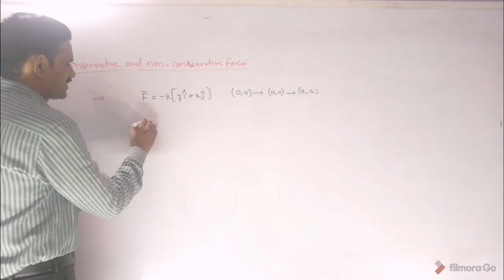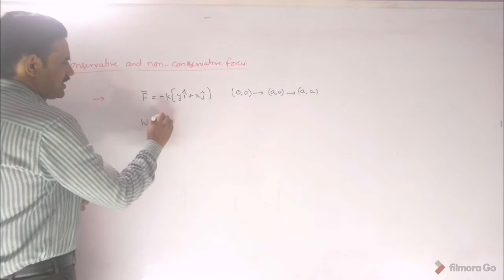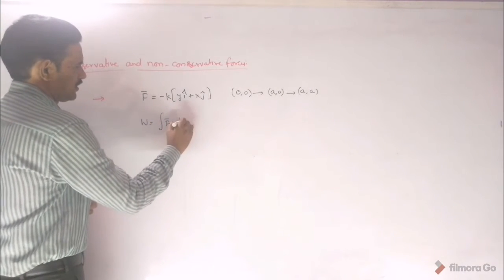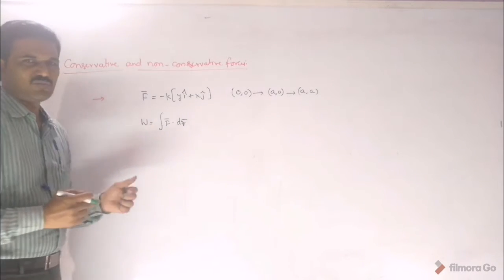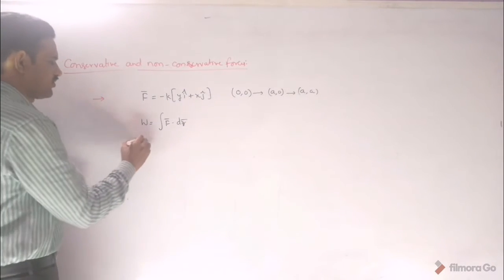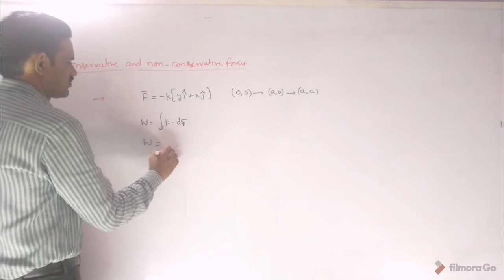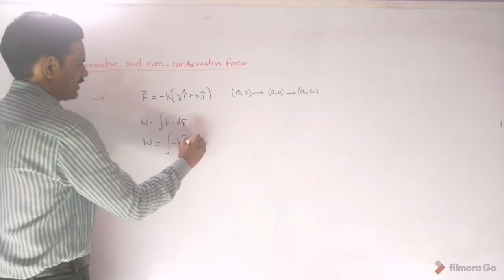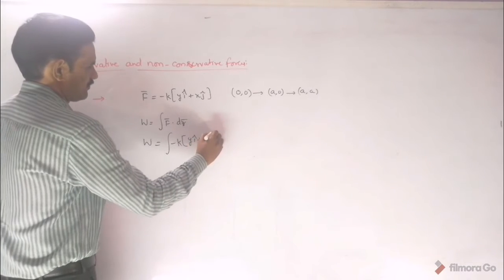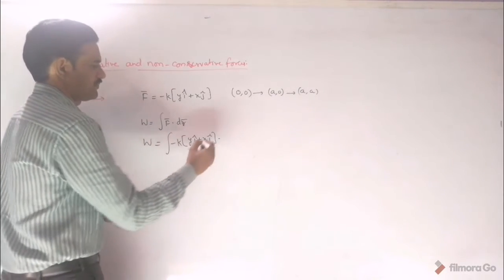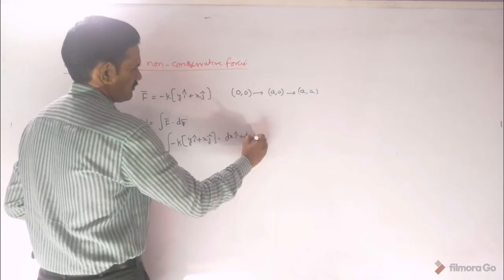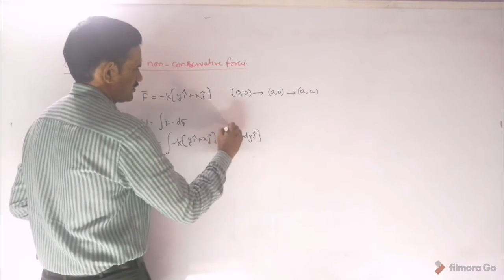So now, what I said above is that we simply need to calculate the work done by this force. Let us write the integral of F bar dot dr bar. Minus k times (y i cap plus x j cap) dot (dx i cap plus dy j cap), right?